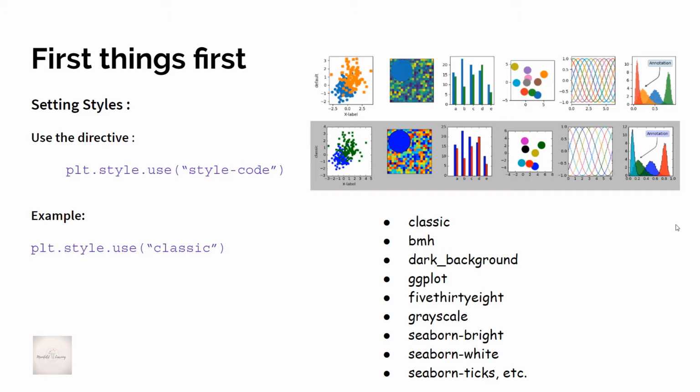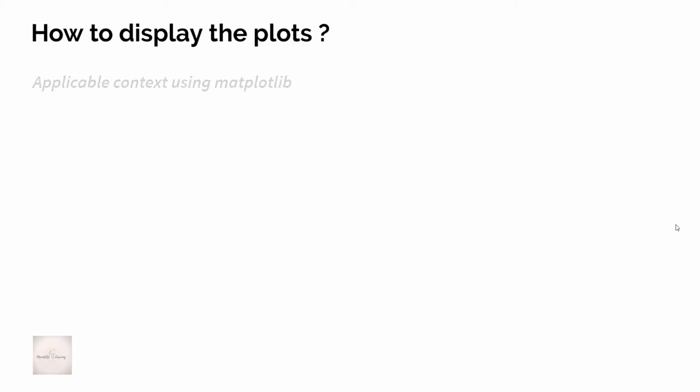Now the next question is how to display the plots. See, what is the use of a visualization which cannot be seen? The question is, how do we display our plots? Here I can say that the best use of Matplotlib differs depending on how we are using it. Roughly, there are three applicable contexts for using Matplotlib.